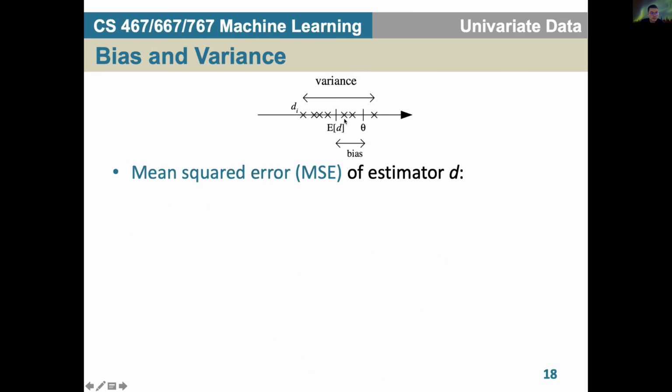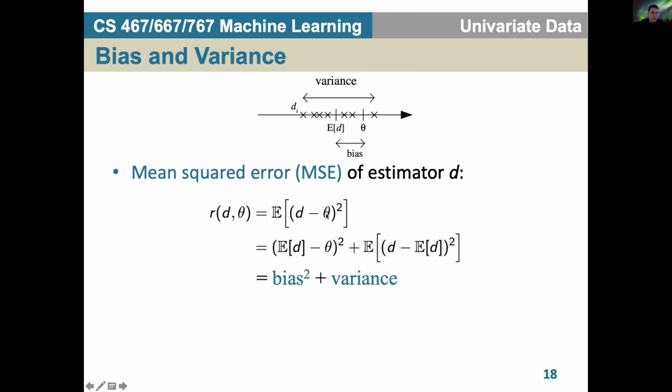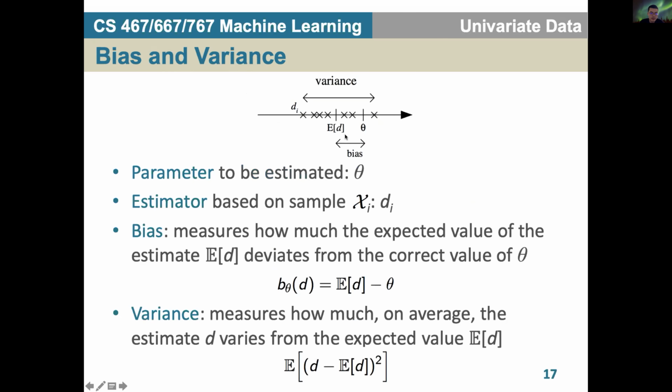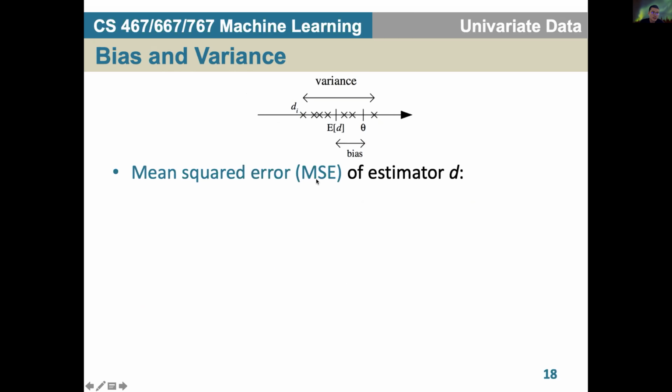Here let's consider an error metric called the mean square error. For each training data set x1, and note we are not talking about one particular data item but a set of items, we get a d1, and then d2, d3.